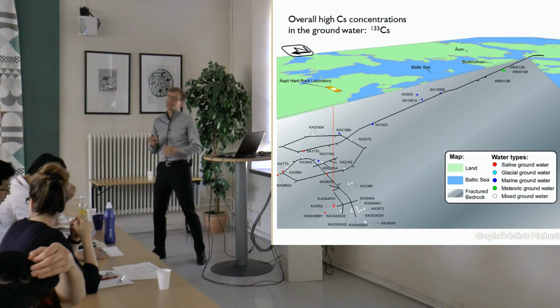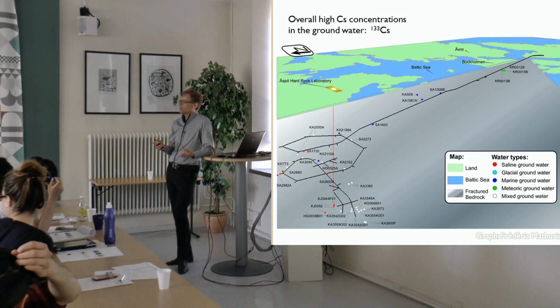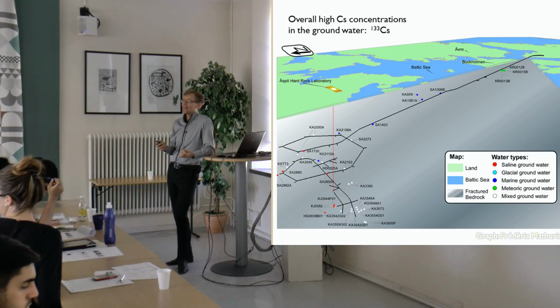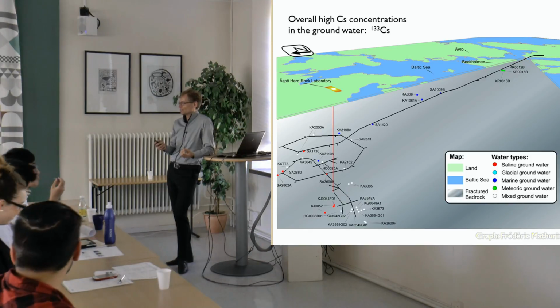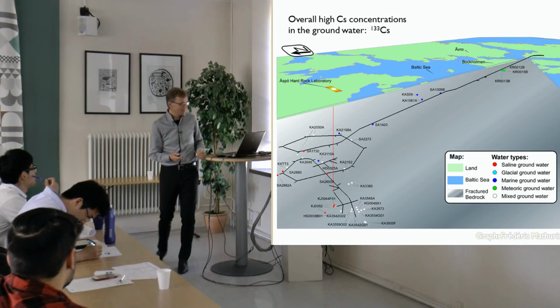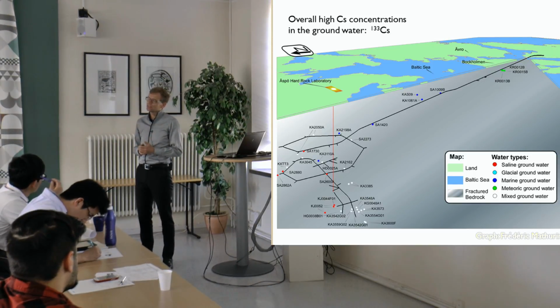That is a stable isotope of cesium, and it has existed on the planet ever since it was formed. This is natural cesium, but it occurs in high concentrations for some reason.